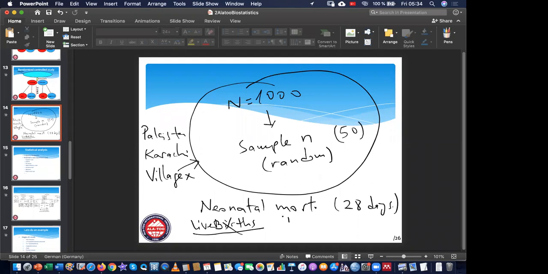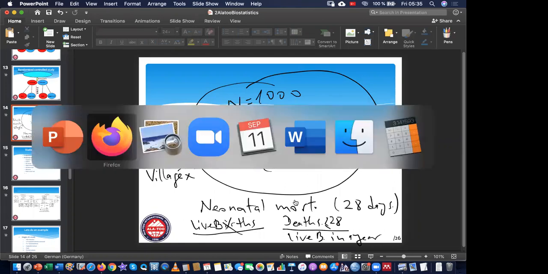That is, the number of deaths at 28 days or below, divided by the total number of live births in a year. This is called the neonatal mortality rate.